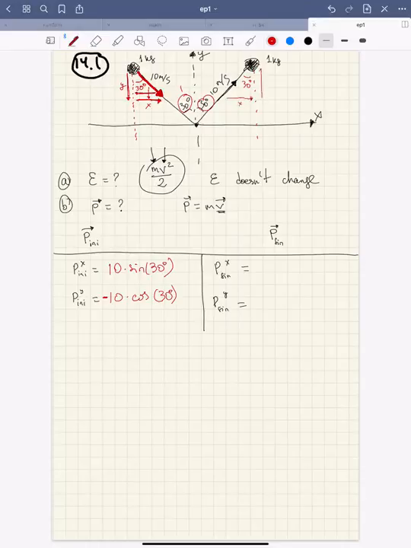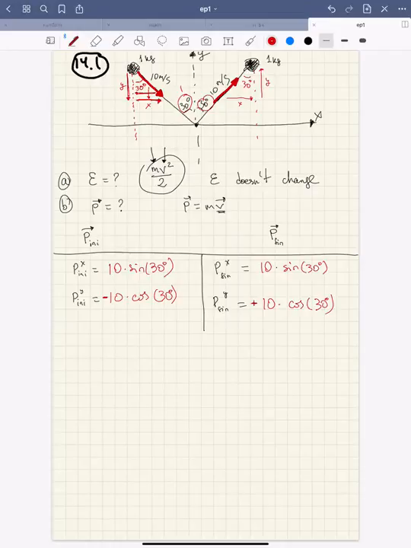This is my y projection. And things are going to be almost exactly the same. My x projection will be 10 times the sine of 30 degrees, and my y projection will be 10 times the cosine of 30 degrees. The only difference is that now my velocity is pointing up with respect to the y-axis, so I don't have a minus sign here, I have a plus sign here.